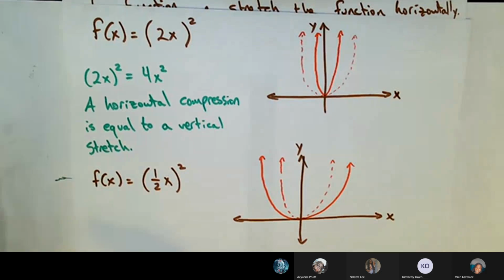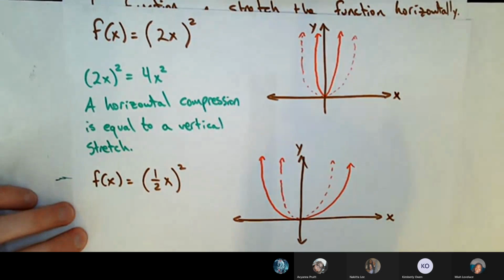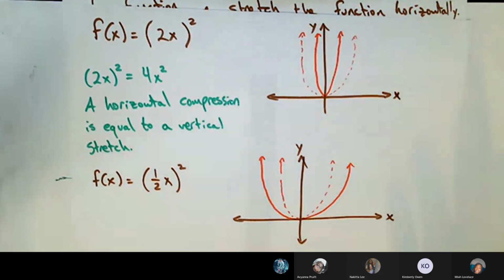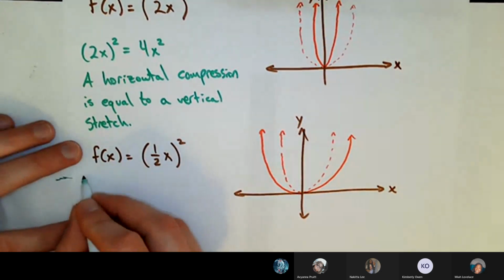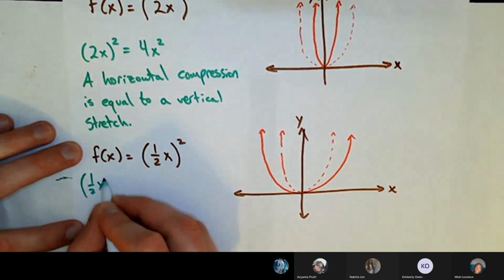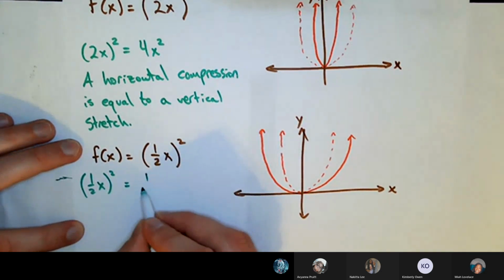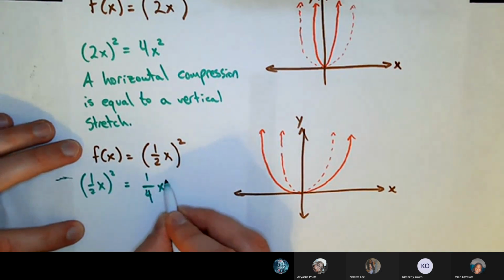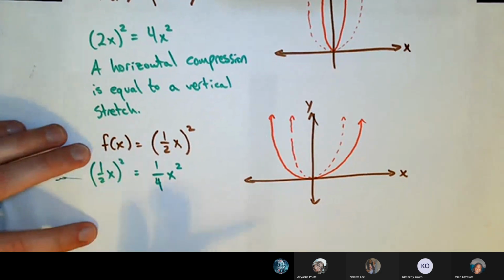And if you say, wait, this horizontal stretch looks like a vertical compression, again, you're onto something there. That's true. And the way I can show that is, look at this: a 1/2 x all squared is the same as a 1/4 x squared, if I distribute the square to both of these.